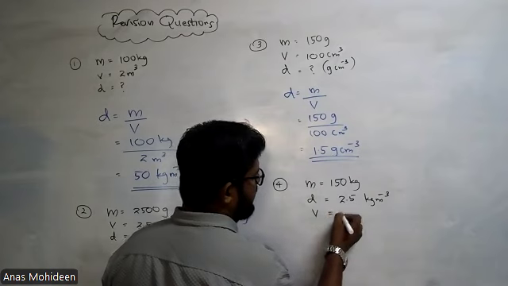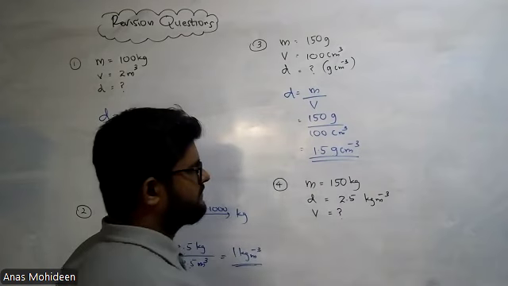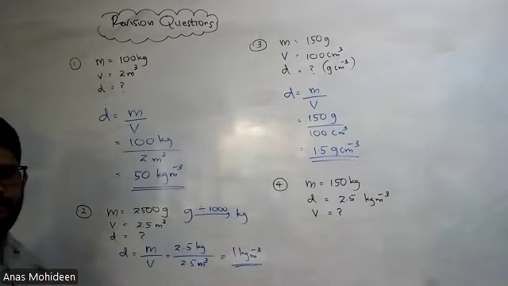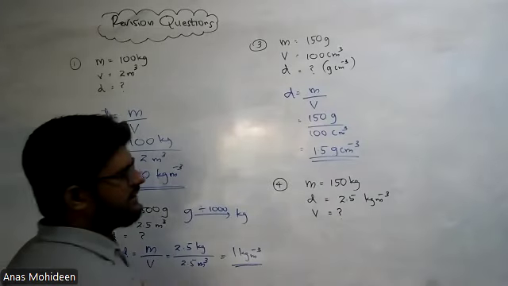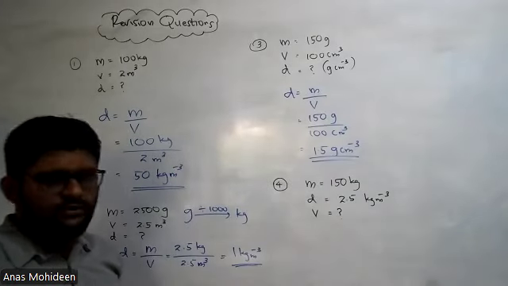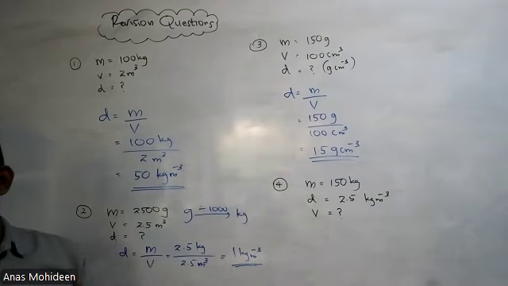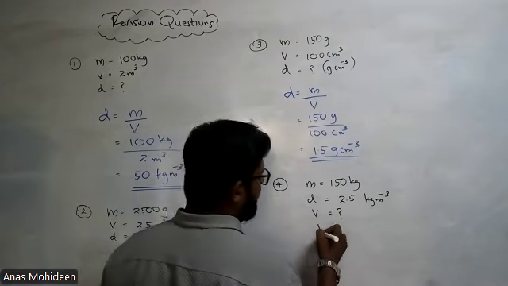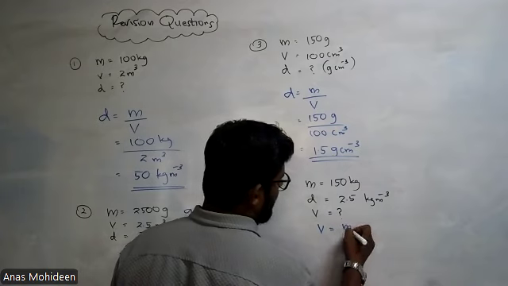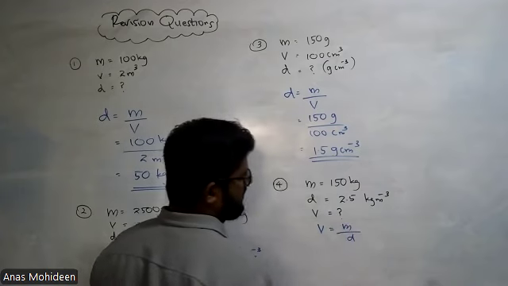I asked you to find the volume. How do you write that? Same equation, D equals M over V, and then you have to substitute. V equals M over D. Get the answer, please. Or straight away you can write V is equal to M over D.